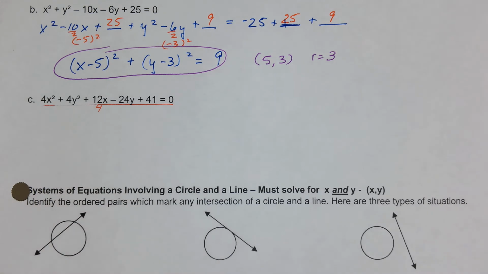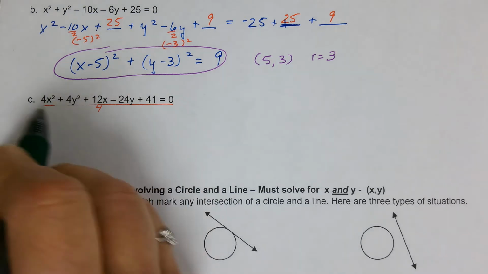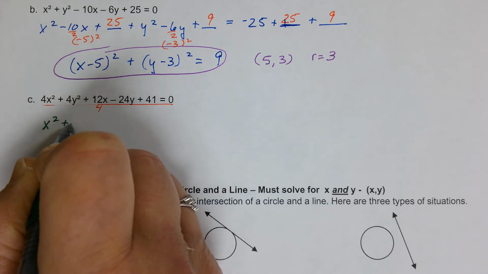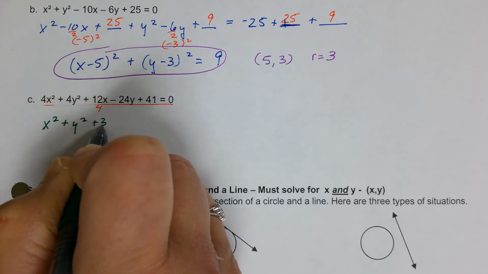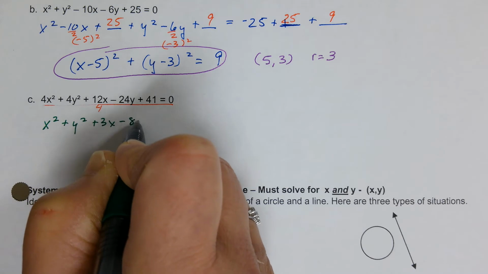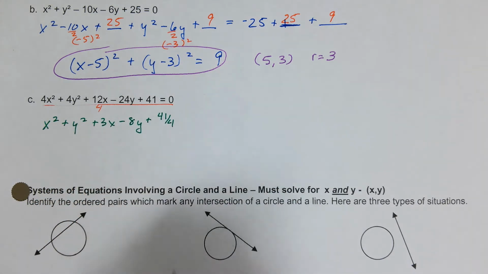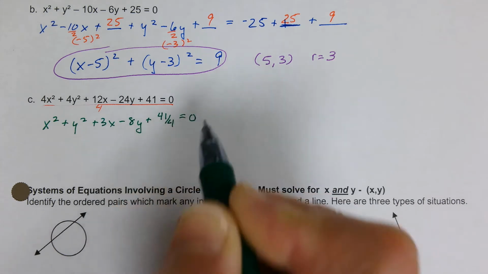Dividing by 4, we get x squared plus y squared plus 3x minus 8y plus 41 quarters equals 0.